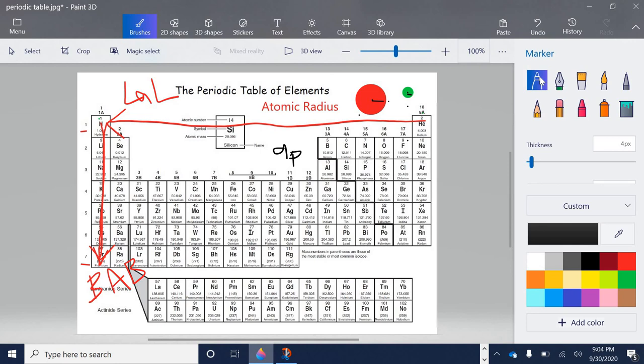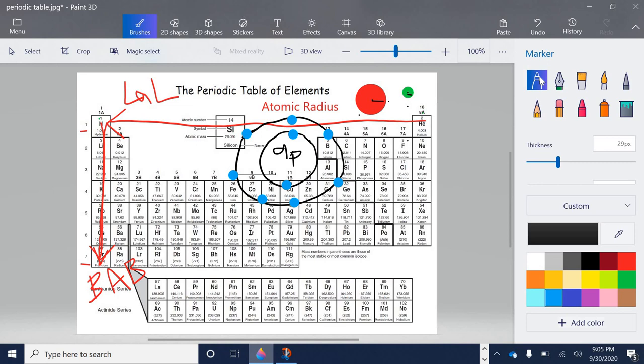So we have a nucleus with 9 protons, and we have just 1, 2 energy levels that are holding our electrons. Ooh, it's a very large electron. All right, 1, 2. For fluorine, it also has 1, 2, 3, 4, 5, 6, 7 valence electrons.